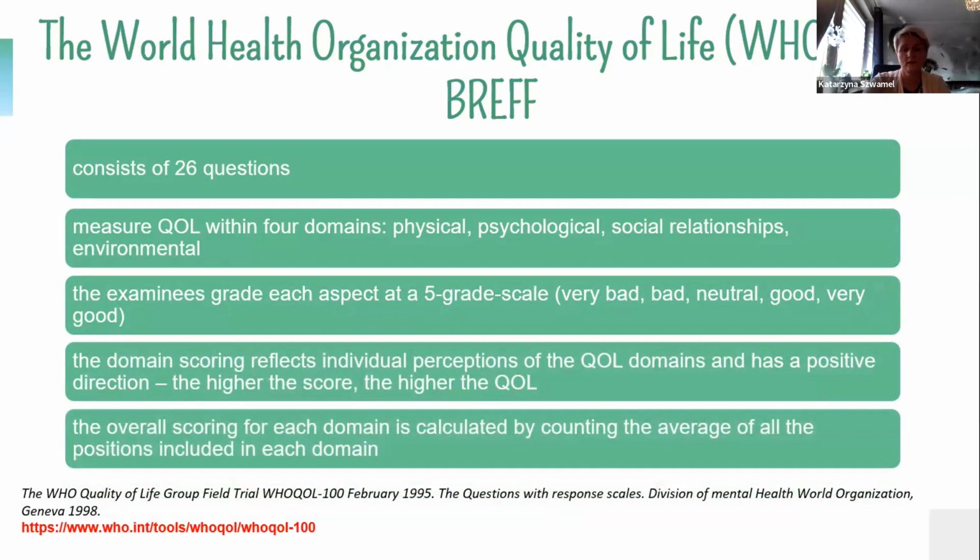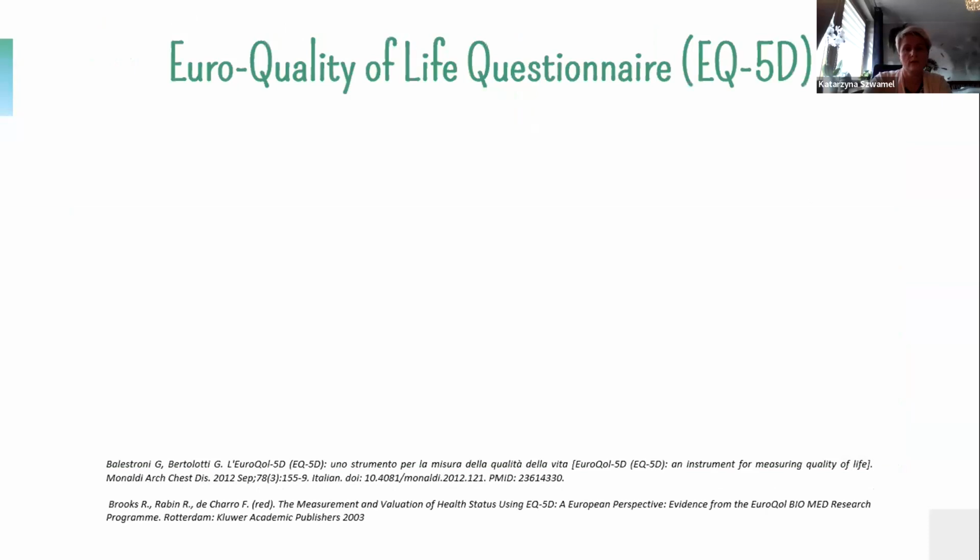At the bottom of the slide, I put the link where you can find these questionnaires translated into many languages, and they are validated. I think it will be very useful for everybody.